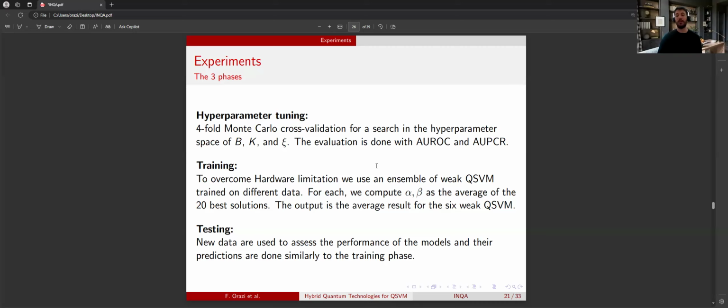Meaning we have 6 models that train on a 50 by 50 matrix that can be encoded into the annealer, instead of having one single model with a way bigger matrix. And that was enough, with some programming tricks, to actually encode the problem into the annealer.